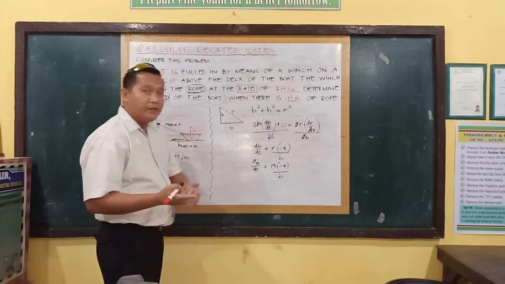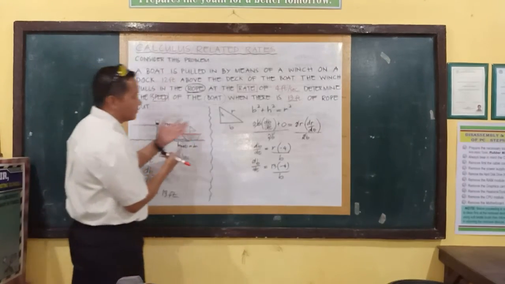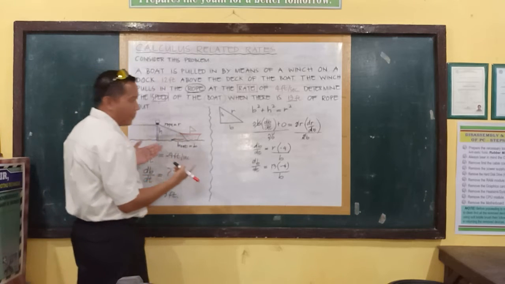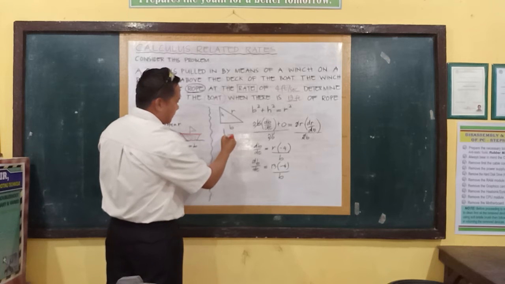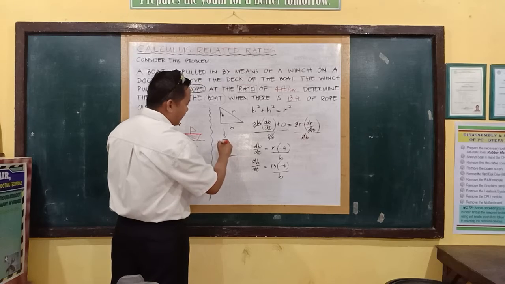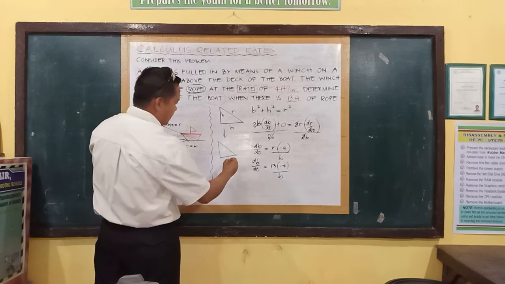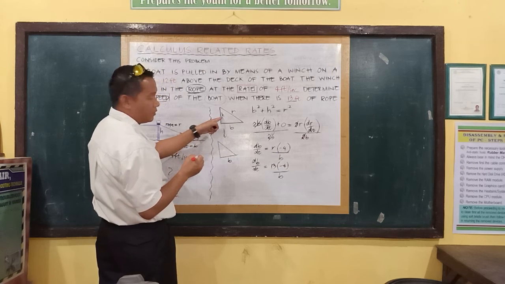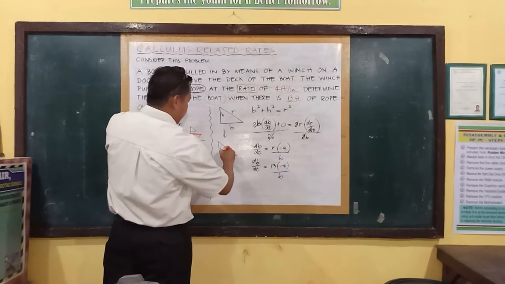Okay? Now I'm going to bring you to our previous lesson here, especially this one and this one. Okay? Now, what we have here is another triangle. This is our B. This is our H, which is our height, 12, right?